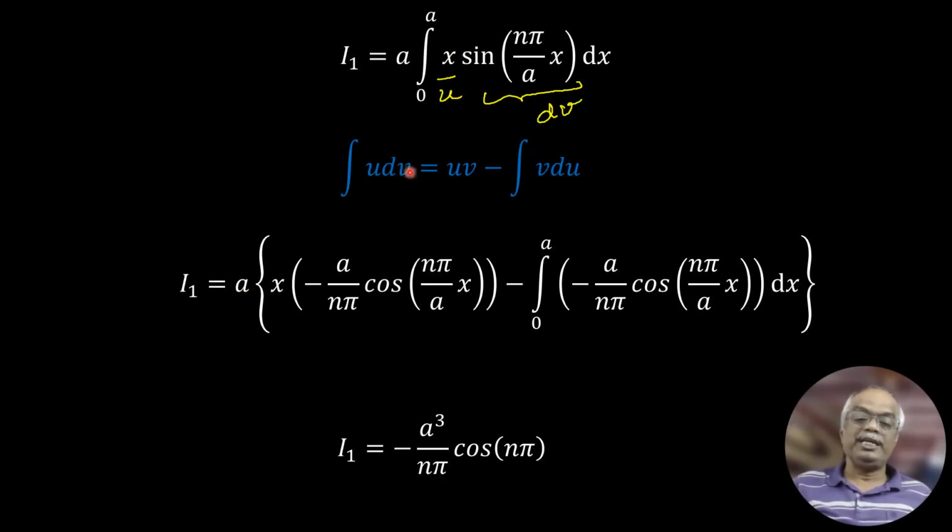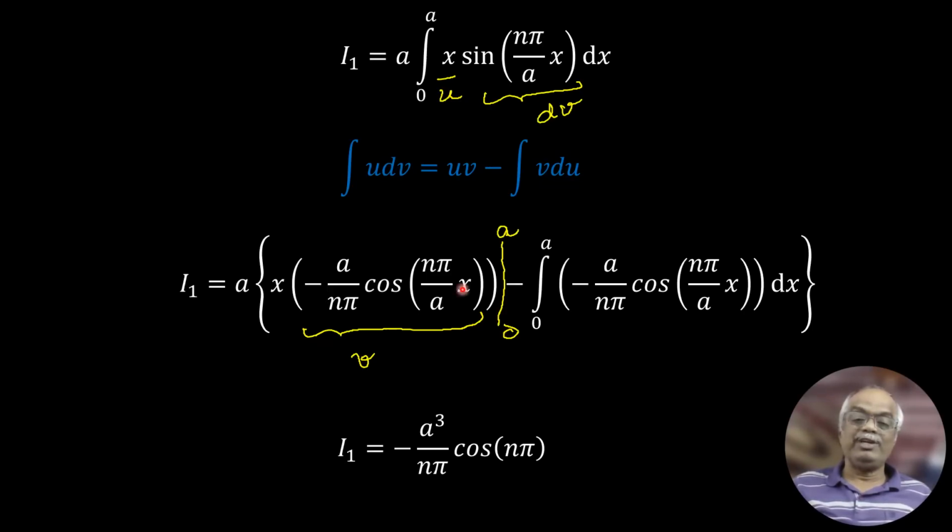So then first uv: u is x and v is minus a divided by n pi cos n pi by a x. If you differentiate this, you will get back sin n pi by a x. So this is v actually. So u is x, v is this. Now you apply this limit, that is 0 to a.